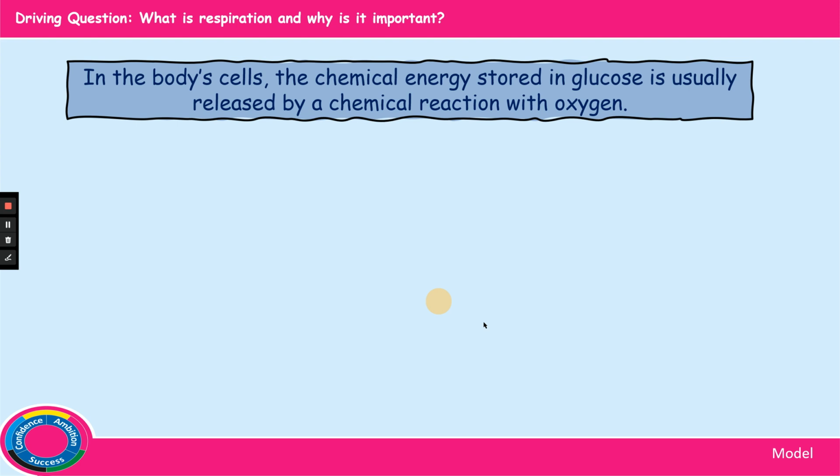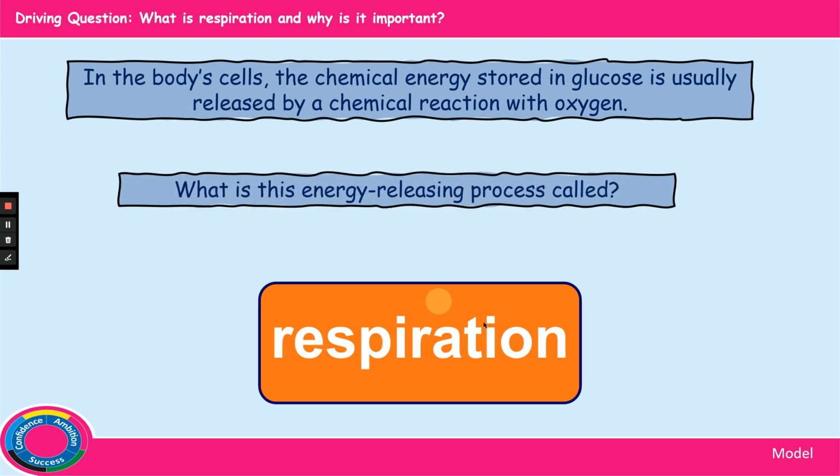This reaction is called respiration. You should have heard of respiration. I need to add, from year 8, when we breathe in and out, that is not respiration. Respiration can only happen at a cellular level, so only in cells. So what does it actually look like? What are the processes that it goes through?